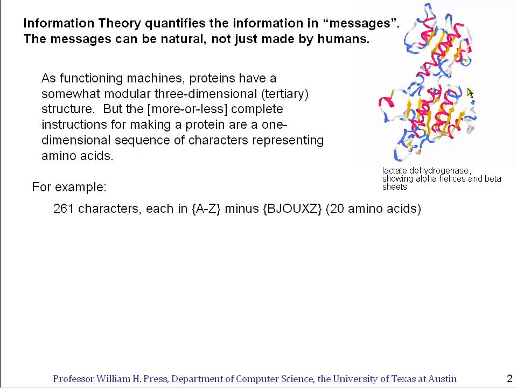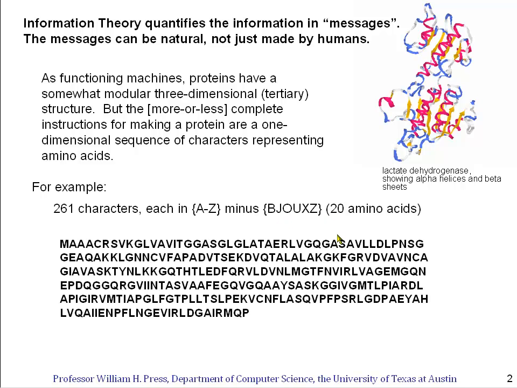So for example, let's pick a protein that has 261 amino acids in it, and they're each represented by a character in the range of A to Z. Now there are only 20 amino acids that are used by life, so there's a convention for what letters apply to what amino acids, and the convention ends up with A to Z except for 6 letters that are not used.